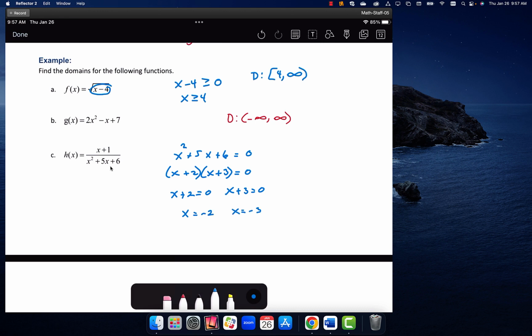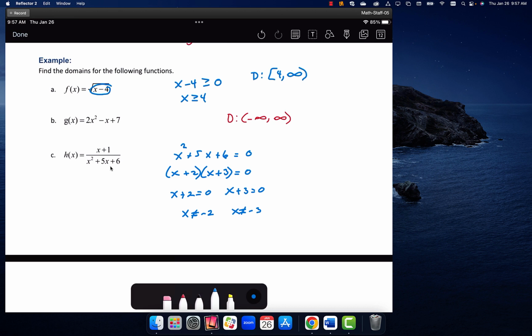Both of those are restrictions. We remember seeing that in the past. That's what we do not want in our domain. So the domain is everything except for these. So if you want to make a note, we can say x is not -2 and x is not -3.